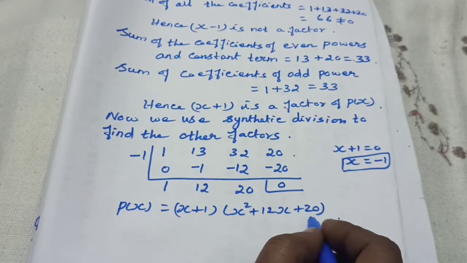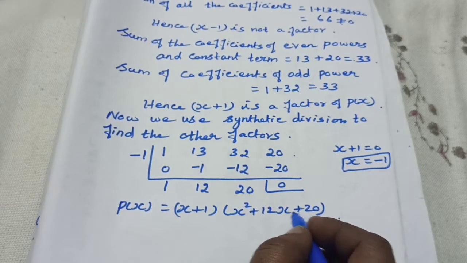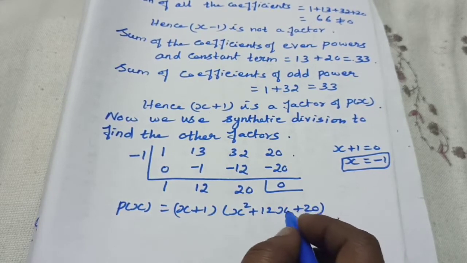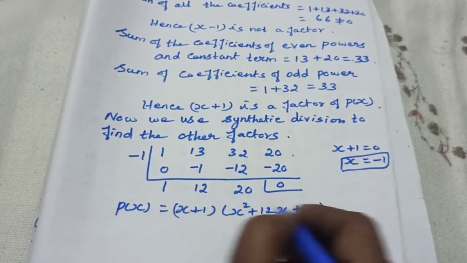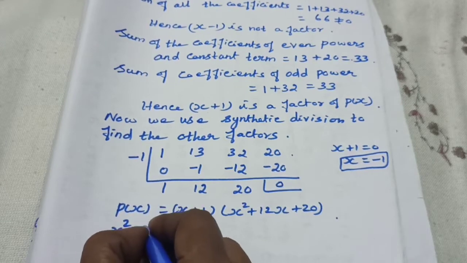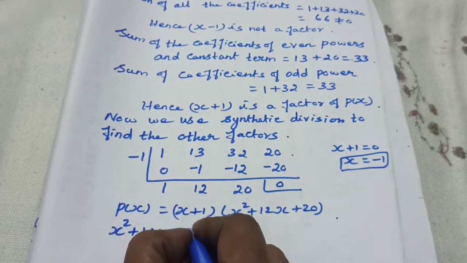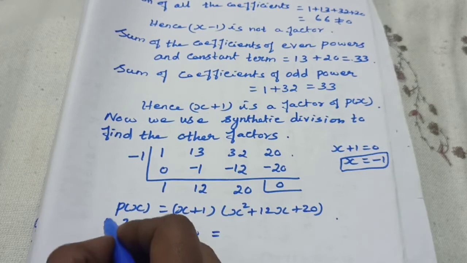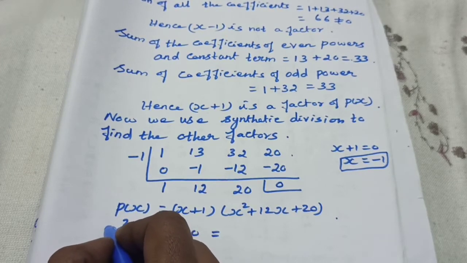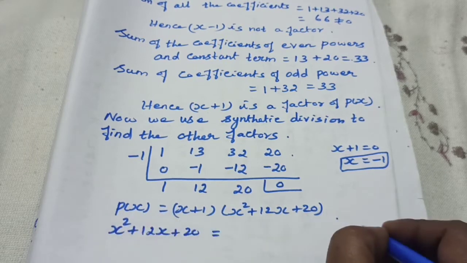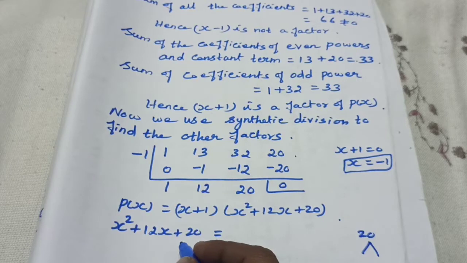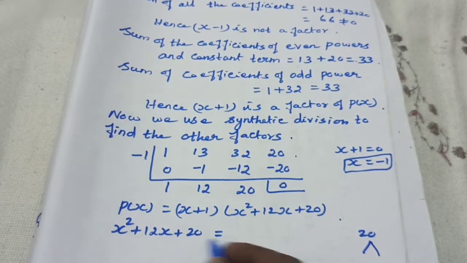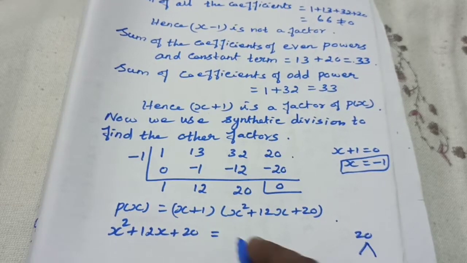This is a quadratic equation, and with its help we have to find two factors. Shall we take it separately? Then x square plus 12x plus 20, here the coefficient of x square is 1, isn't it? This 1 and 20 multiply to 20. Product is 20, sum is 12. What are the numbers? Product 20 we need, sum 12.